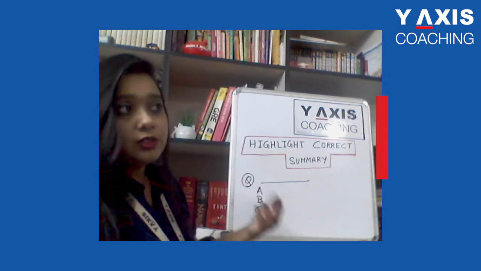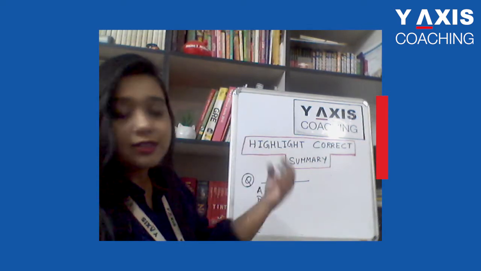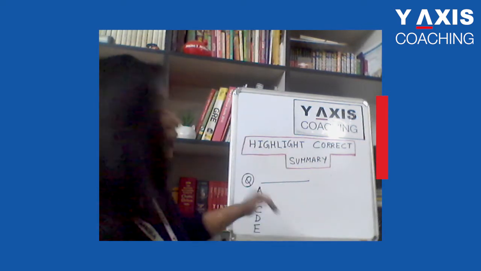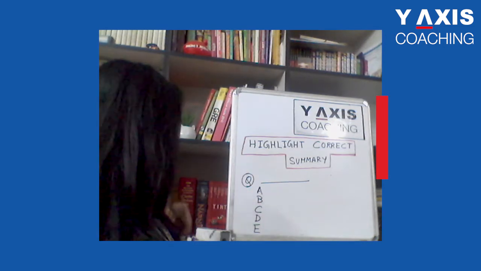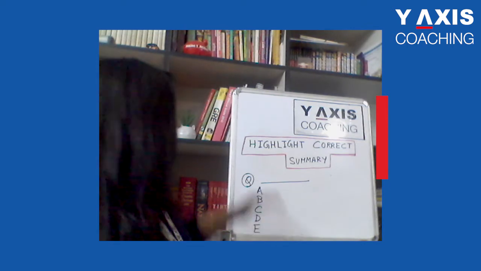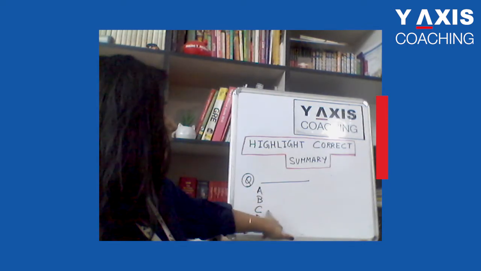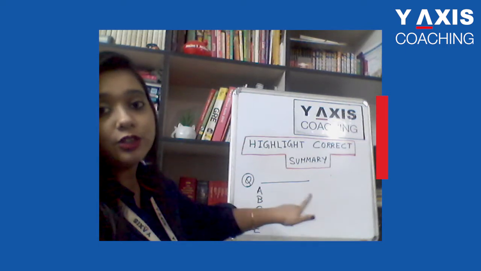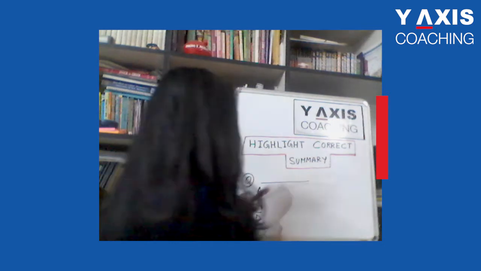Very often it is not really possible for us to extract the right answer or highlight the correct summary at one go. Then POE helps you, and you have to understand that I have to eliminate the 4 wrong answers to be down to 1. I have to finally choose one correct summary. So the POE tools will help you.